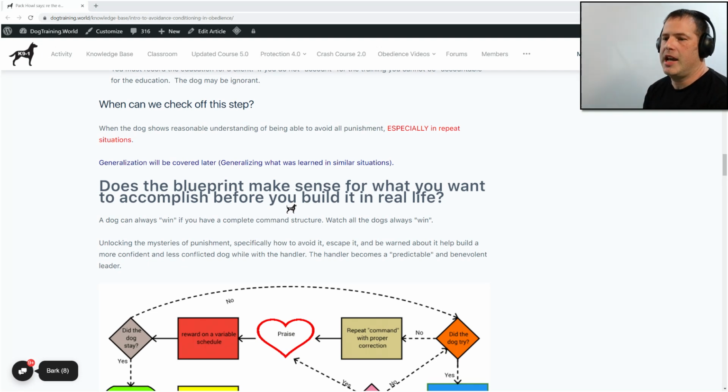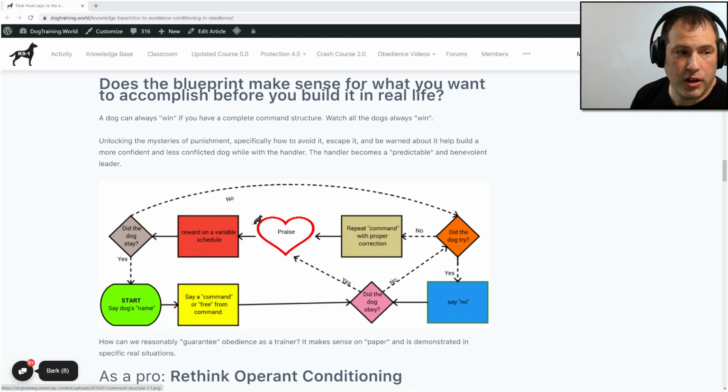All right. Now, does the blueprint make sense for what you want to accomplish before you build it in real life? You are a professional. If you build houses, you want to make sure that blueprint makes sense before you build the house.